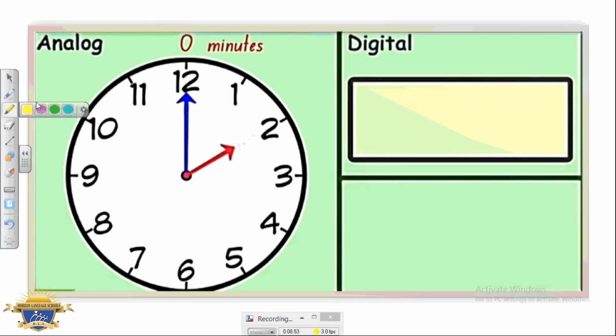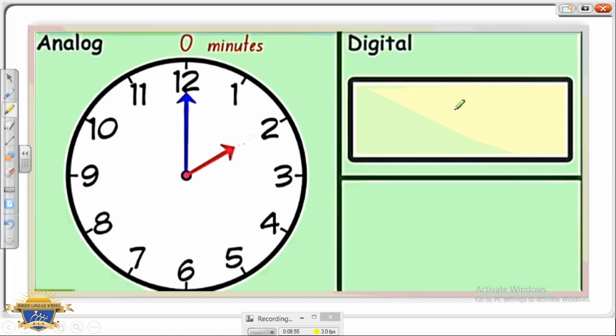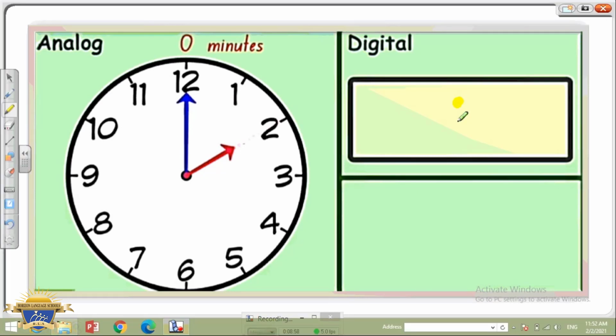Okay, first I will make 2 points. Then I will look at the short hand, which tells me the hour. The hour is 2, right?